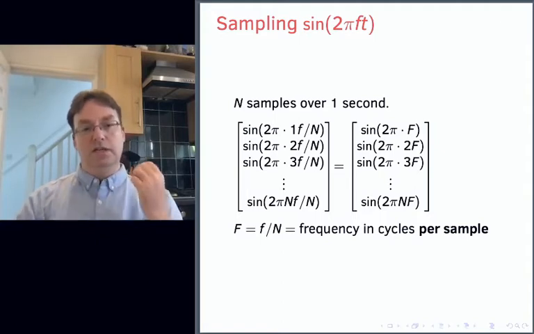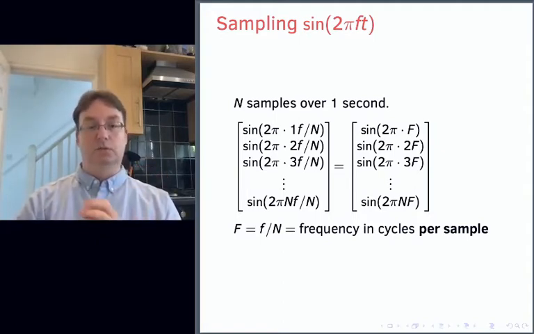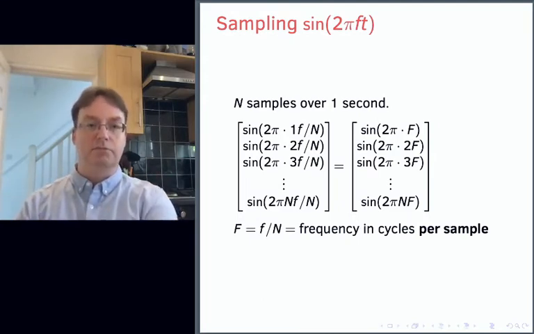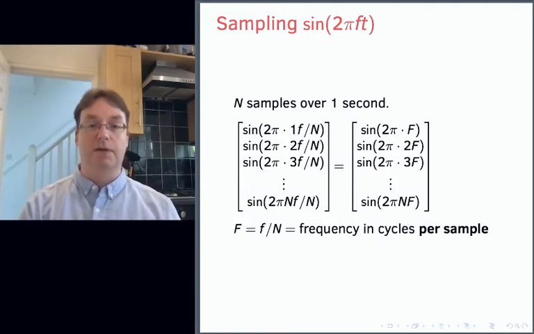So the number of cycles per sample needs to be something that's less than 1. Really, we want several samples per cycle rather than several cycles per sample. So this capital F is going to be some fraction that's less than 1.